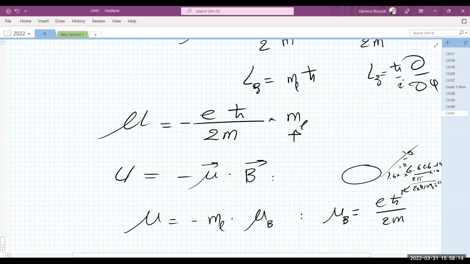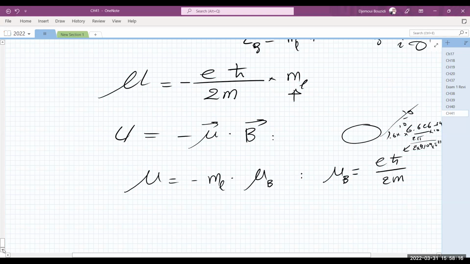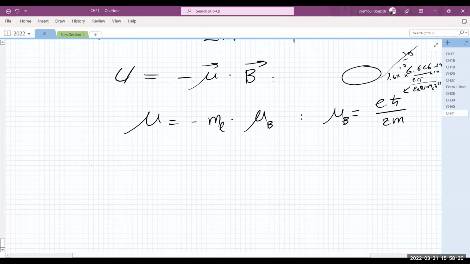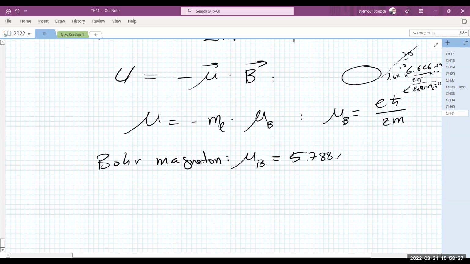So in electron volts, mu_B, the Bohr magneton, is equal to, because all of these numbers are known, 5.788 times 10 to the negative 5 electron volt per Tesla.